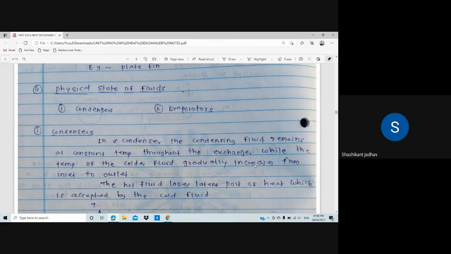According to the physical state of fluids, there are two types of heat exchanger: condensers and evaporators. First, write down the condensers.